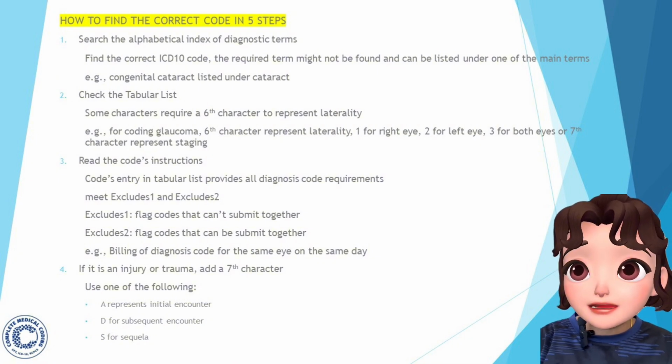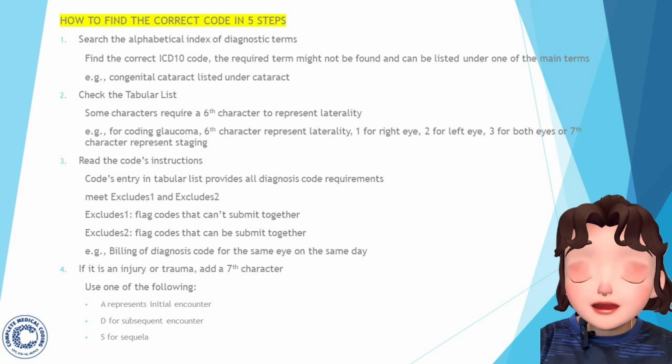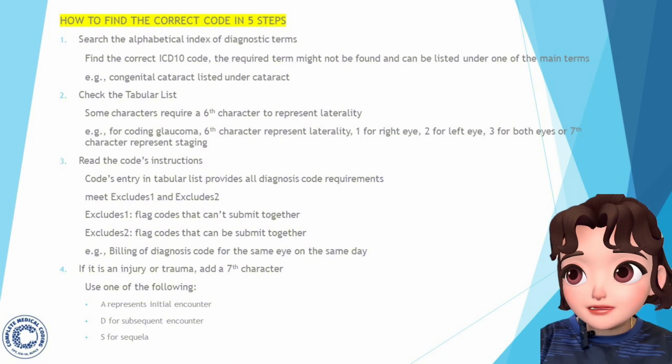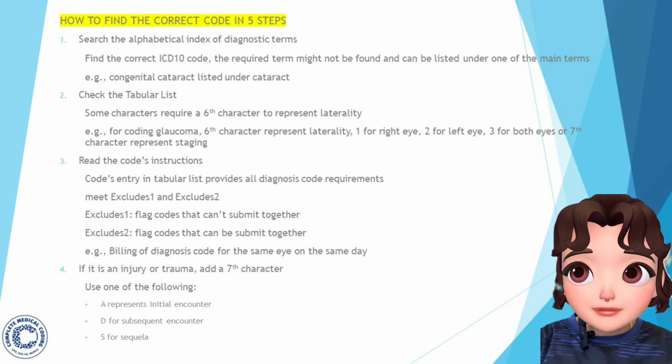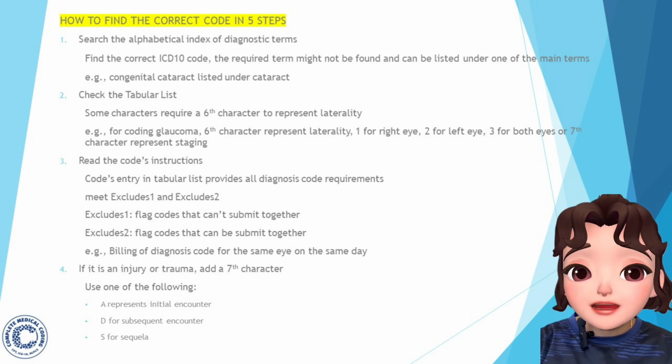An Excludes 1 flag represents that those codes can't be submitted together or can't be billed together. But if it is Excludes 2, it means those flagged codes can be submitted together or reported together. For example, billing of a diagnosis code for the same eye on the same day. These are examples.